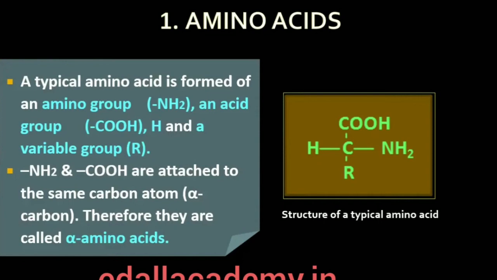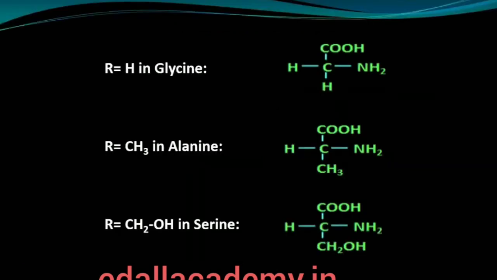Hence, they are called alpha amino acids. They are substituted methanes, with 4 substituent groups occupying the 4 valency positions. These are hydrogen, carboxyl group, amino group and a variable group designated as R group.